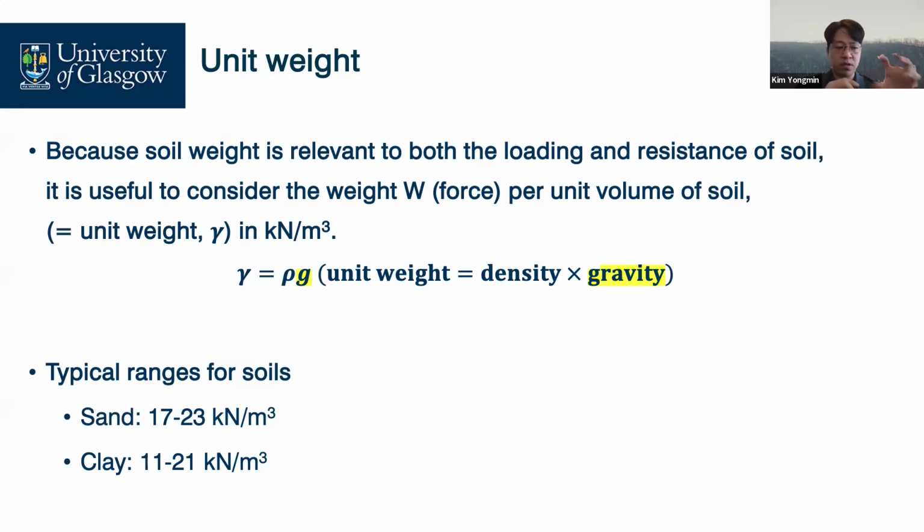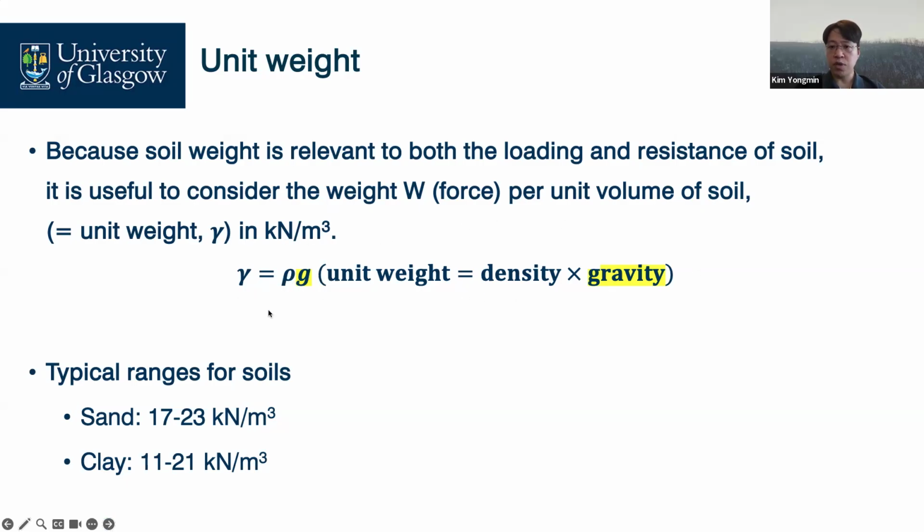Force means we have a certain mass and a certain direction, right? Gravity is in the gravitational direction. So normally we say unit weight, gamma, is density times gravity, rho g.